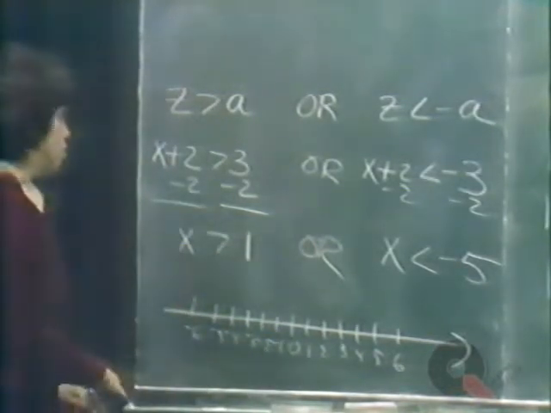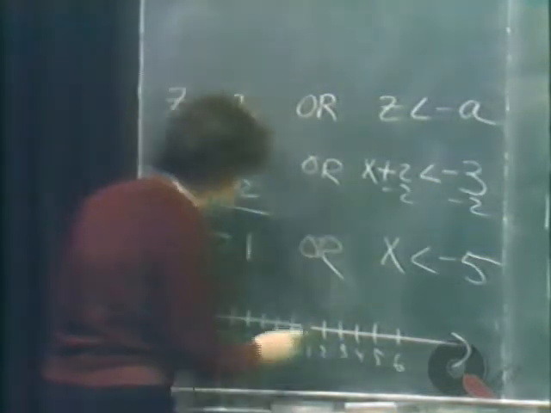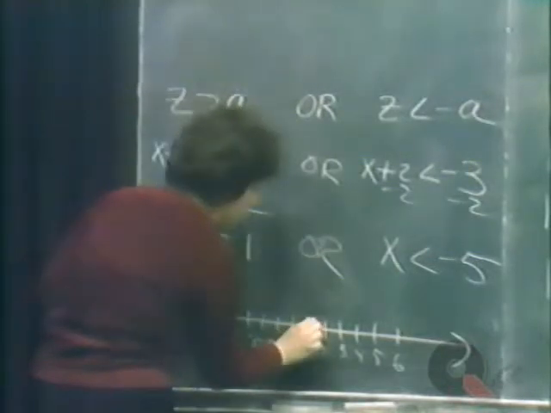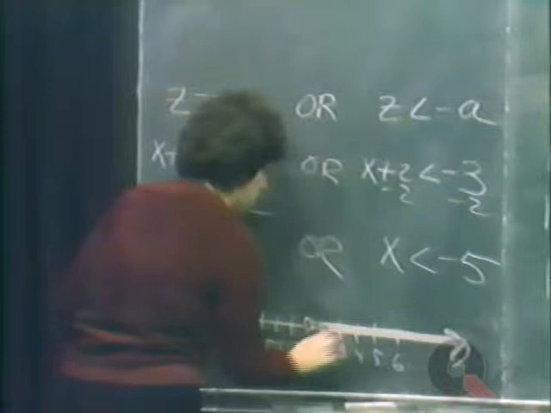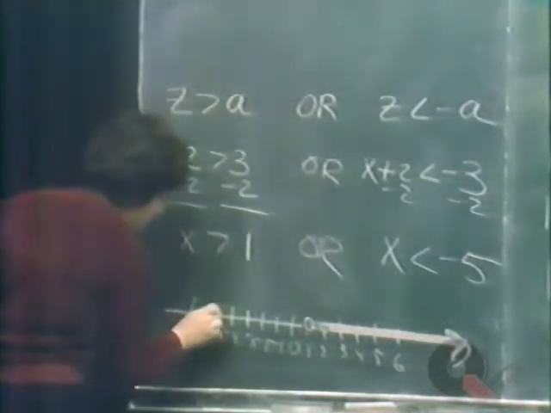We want those values greater than 1. Here are the values that are greater than 1 or less than minus 5.